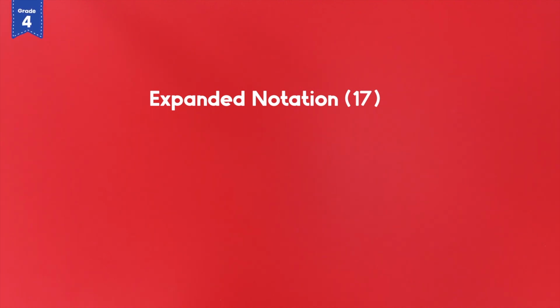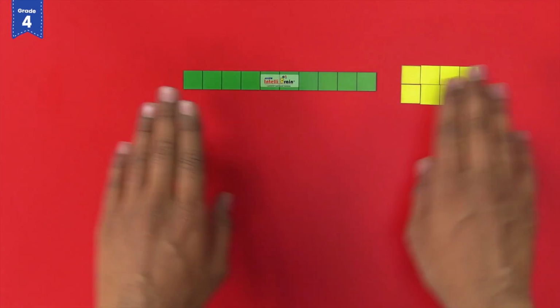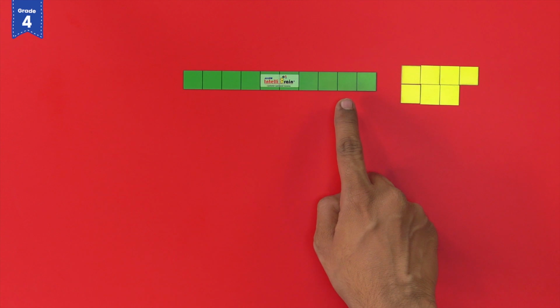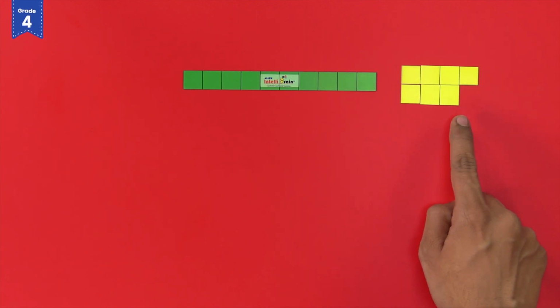The expanded notation of 17 is 1 multiplied by 10 plus 7 multiplied by 1, which gives us 10 plus 7. Here the digit 1 is at tens place and the digit 7 is at ones place. We can represent the number 17 using one green tens card and 7 yellow ones cards.